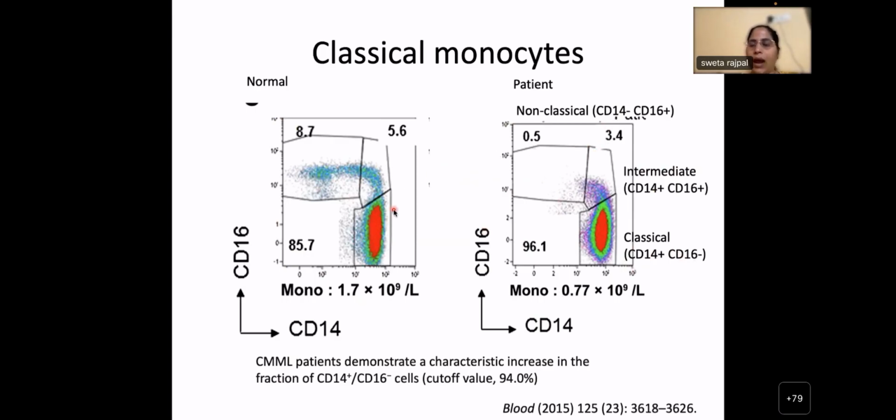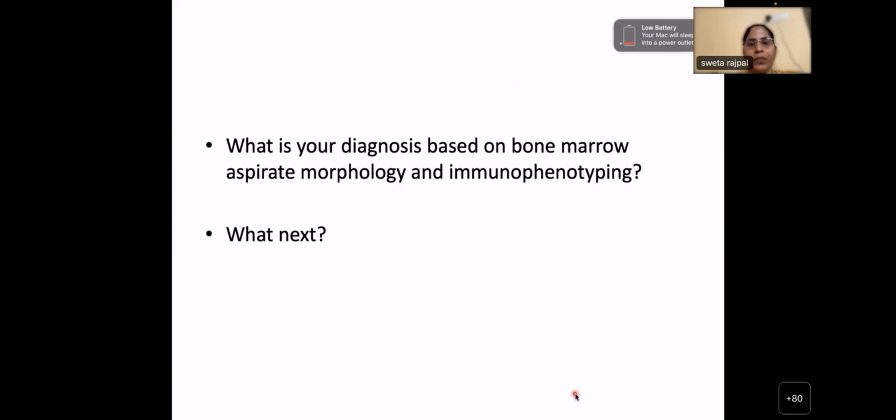So in cases of CMML, the classical monocyte fraction increases significantly. And if you have a cutoff of more than 94%, it points towards a diagnosis of CMML. So this abnormal fraction has been included in the current WHO diagnostic criteria also. Okay, so this becomes important by using flow cytometry.